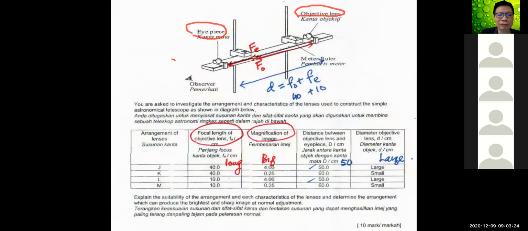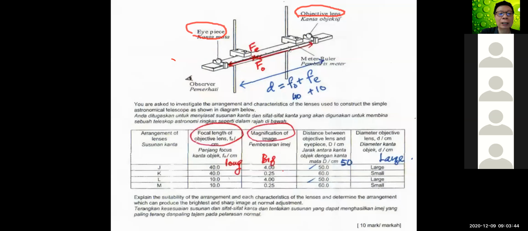For a microscope, FO and FE do not meet up, there's a gap. The objective lens focal length is short and the eyepiece focal length is long. But for a telescope, it's the reverse. The objective lens focal length is longer.